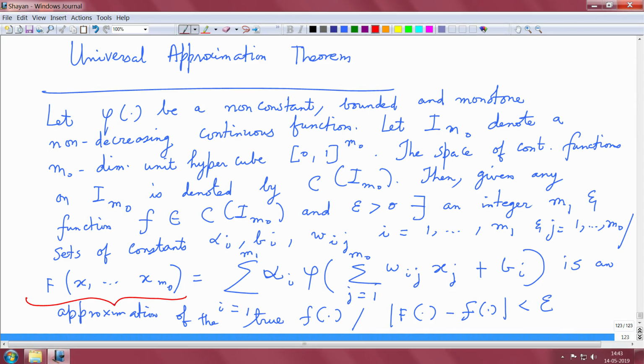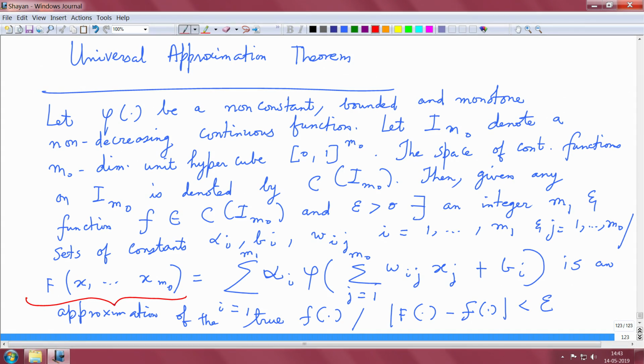So, let us forget the decision step at this moment, but using this form, you can approximate the true function.